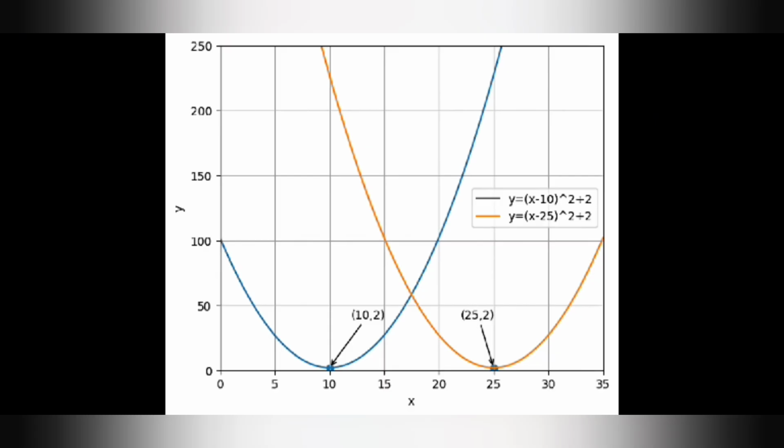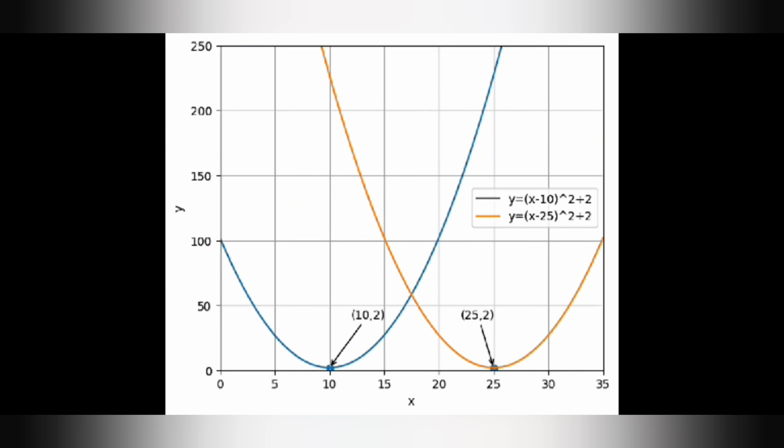When we translate the graph 15 units to the right, the equation becomes y equals (x minus 25) squared plus 2. So the new vertex is (25, 2).